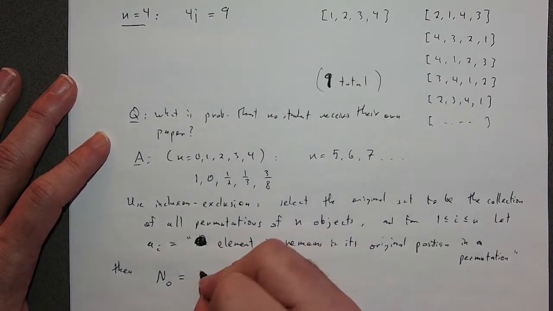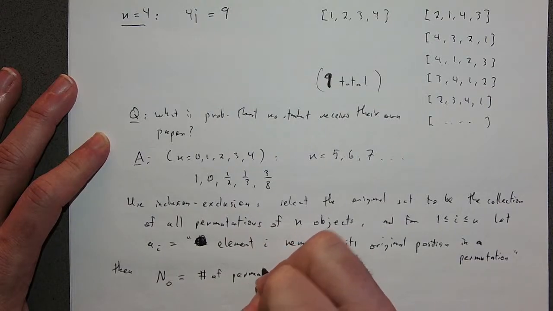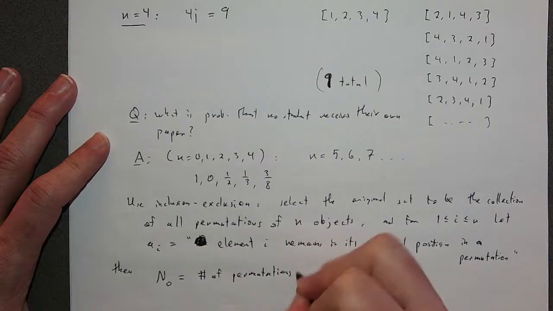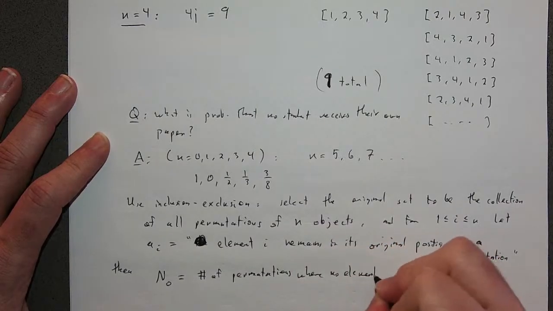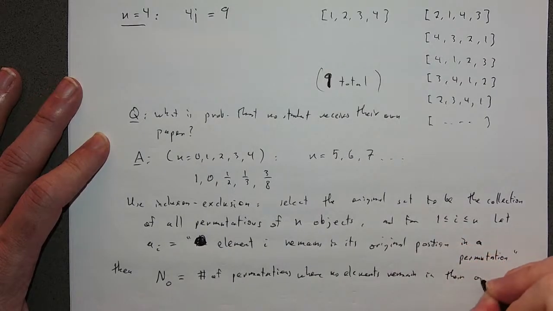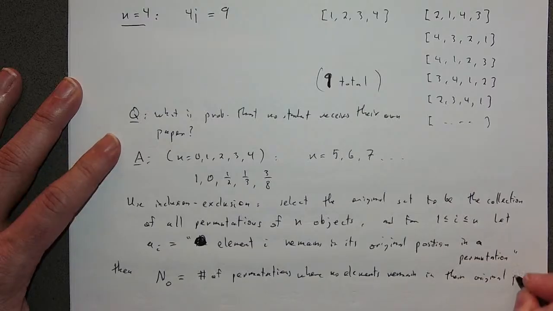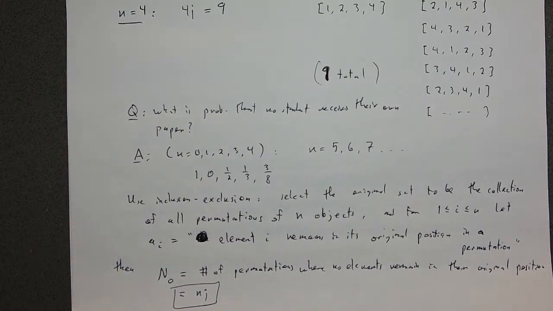Right, so this is the number of permutations where no elements remain in their original position. But this is just the number of derangements.